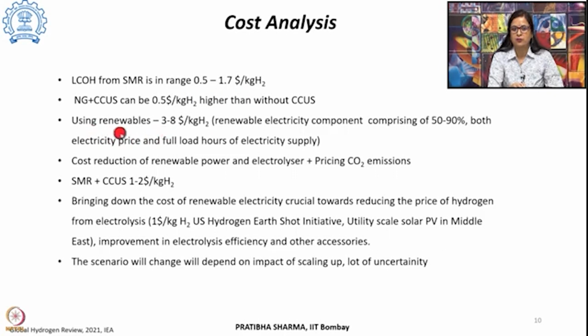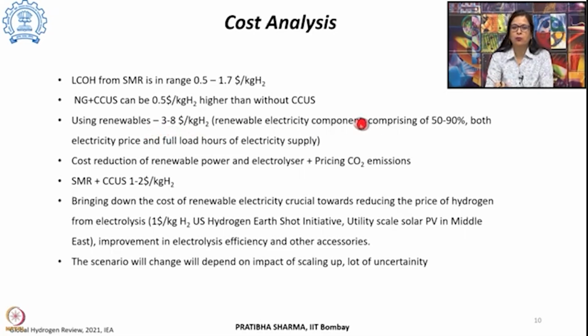So, if it is produced from renewables, the cost lies in the range of $3 to $8 per kg of hydrogen being produced. And in this cost range, the major component is the electricity which is being used for electrolysis. So, the renewable power cost accounts for 50 to 90% of the total cost of hydrogen being produced.